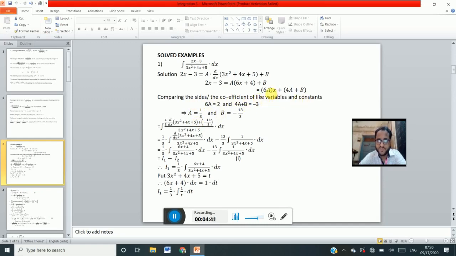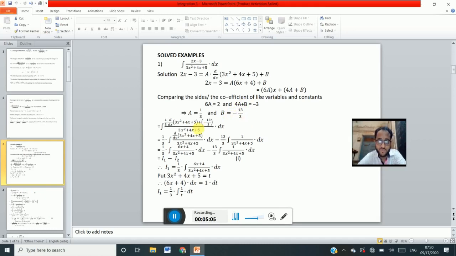The coefficient of x on the right side is 6A and on the left side is 2. So 6A equals 2 means A equals 1 by 3. And the constant on the right side is 4A plus B, and on the left side the constant is minus 3. So by substituting the value of A here, we get the value of B, that is minus 13 by 3.